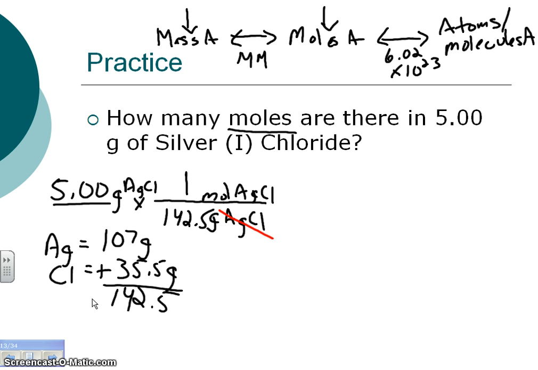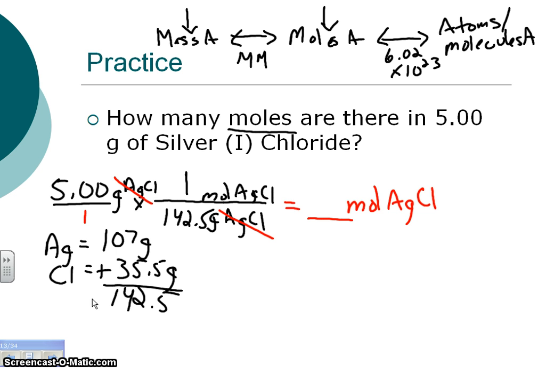We're going to cancel out like units. We look across the top. The only unit we have left is mole of AgCl. And what we're left with is 5 divided by 142.5 grams, and that's going to give us a number of moles of AgCl.